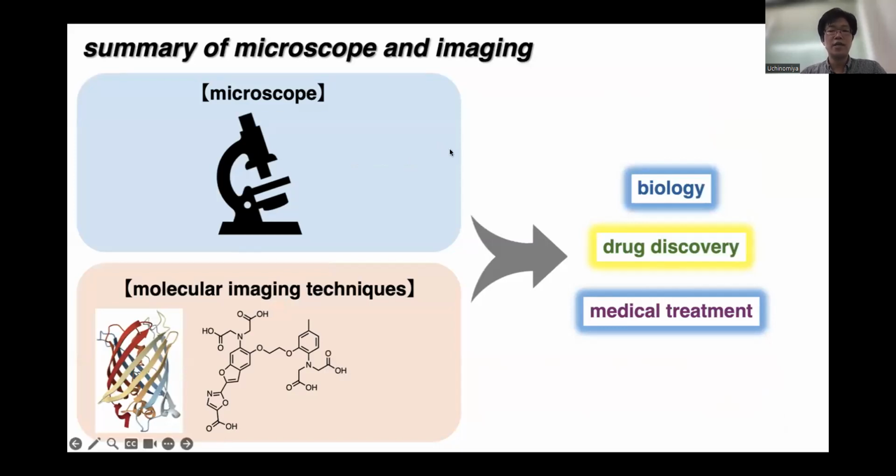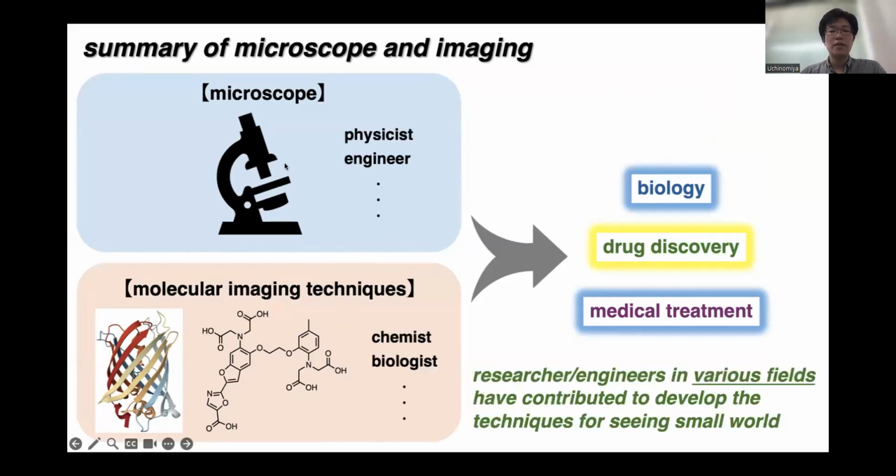These techniques have been used in biology, drug discovery, and medical treatment. Importantly, researchers and engineers in various fields have contributed to the development of these techniques for seeing the small world.